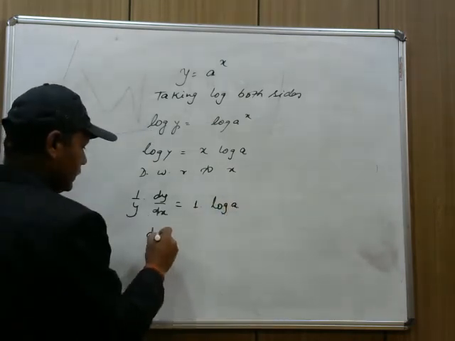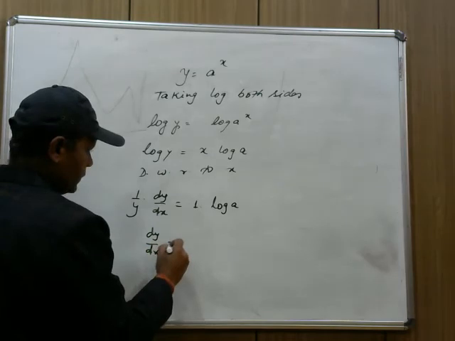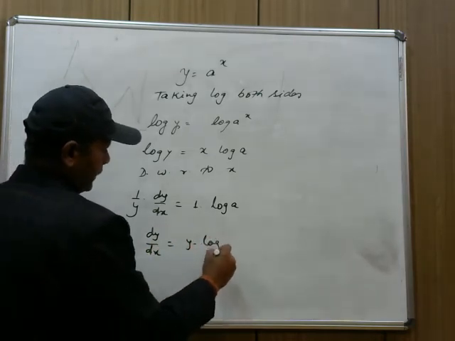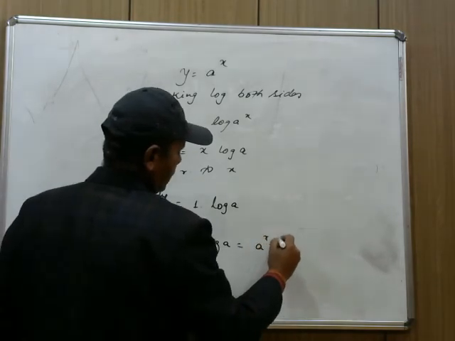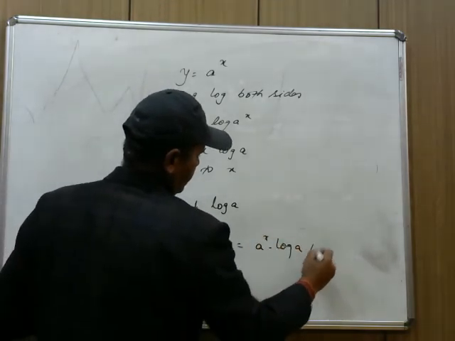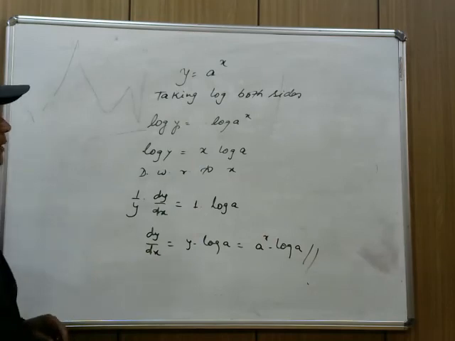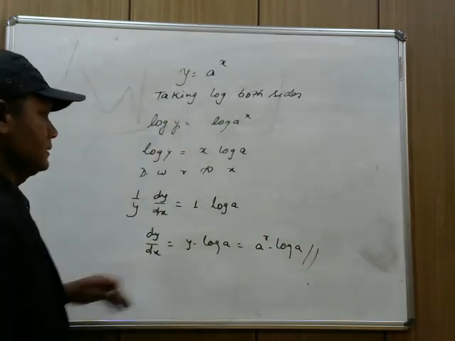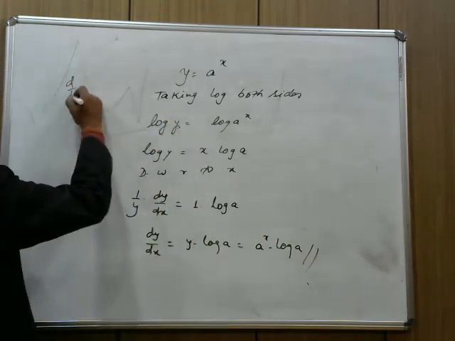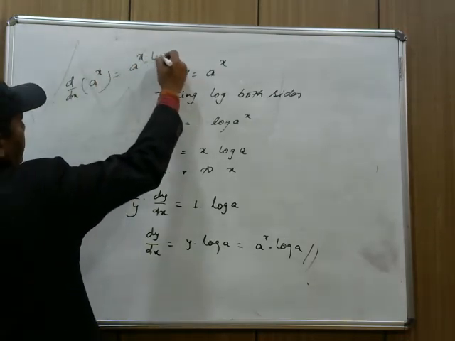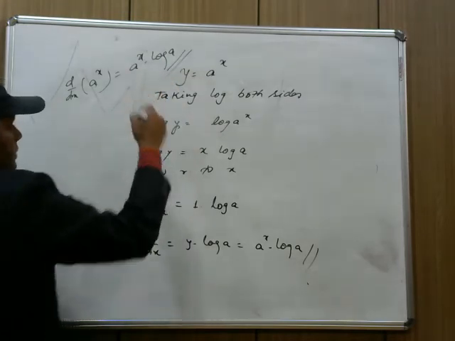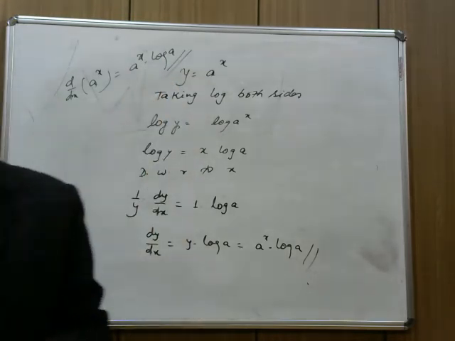Therefore dy by dx is equal to y into log a, and y is what? A to the power x, so a to the power x into log a. That's why the differentiation of a to the power x is equal to a to the power x into log a. Please remember this, right?